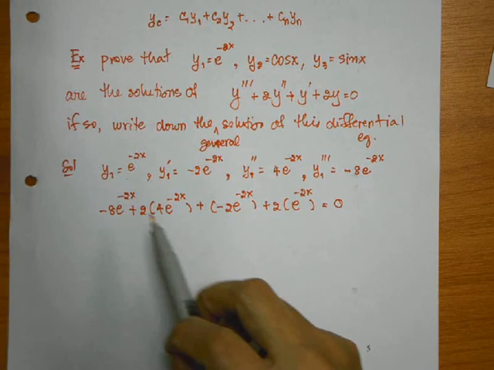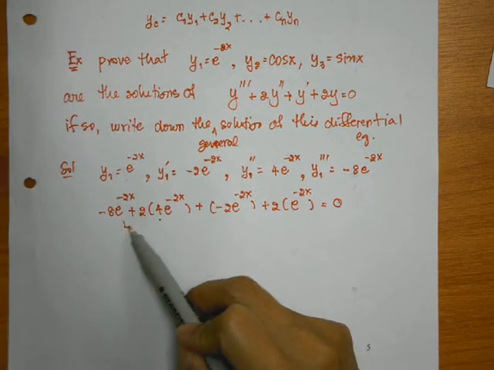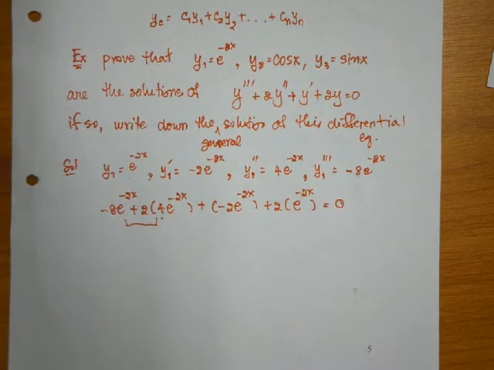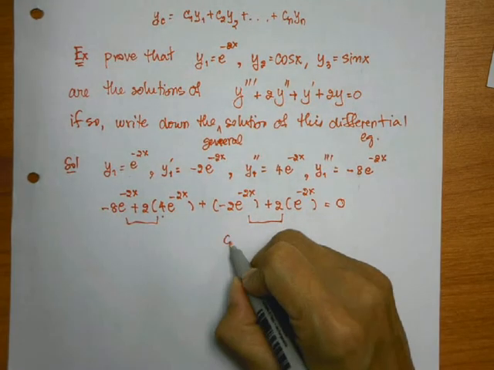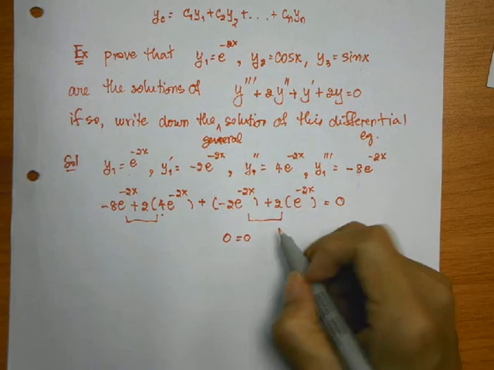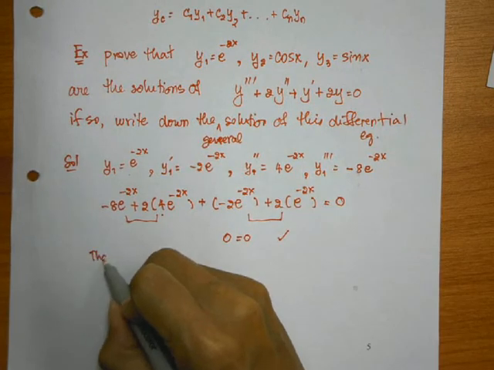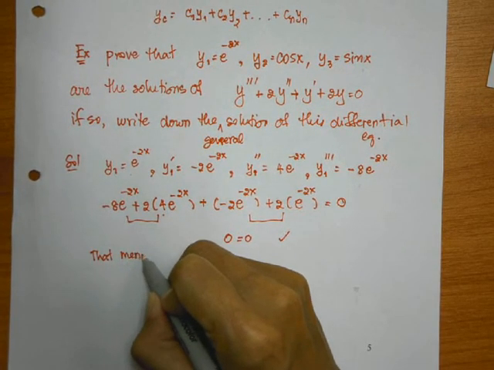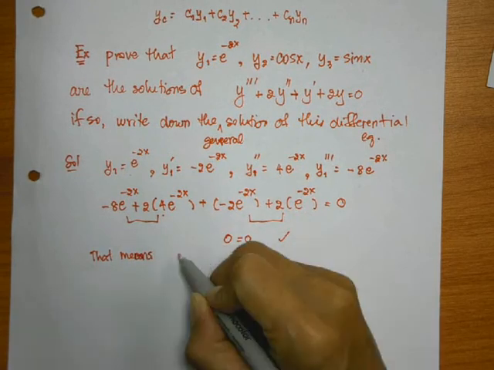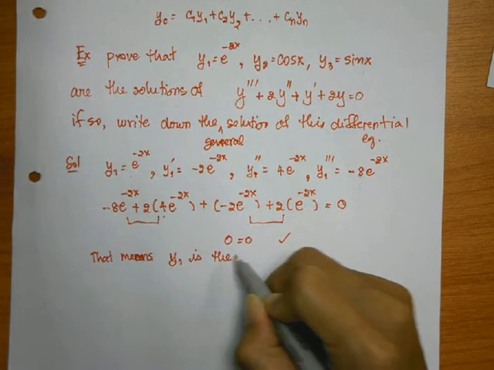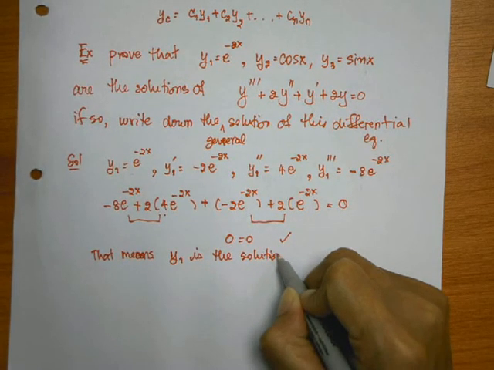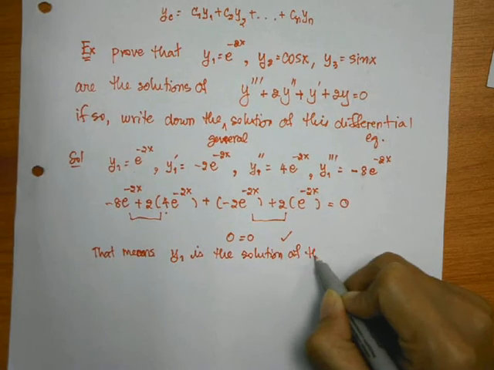You see this term and this term, they sum together to equal 0. These two terms, you sum them, you would get 0 too, right? So 0 equals 0, that means y1 is the solution of this equation.